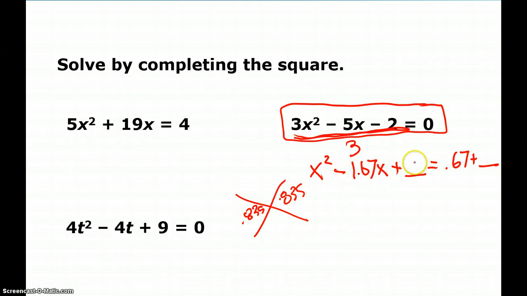And I square that, I get 0.697. So I'm trying to find what multiplies to 0.697 and adds to negative 1.67. I have no idea, except that it's what I just got when I chopped this in half.